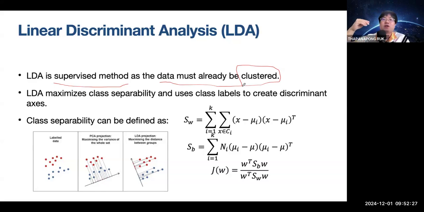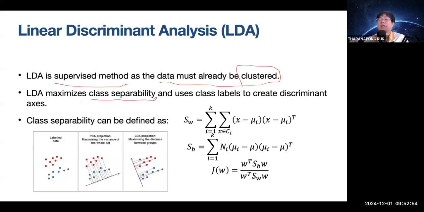Now in LDA, if you have category data, you can use that. And the way that we use the category, we use it as a cluster, right? So our data now have clusters, basically the category in the dataset. And this method, LDA, maximizes the class separability, right?